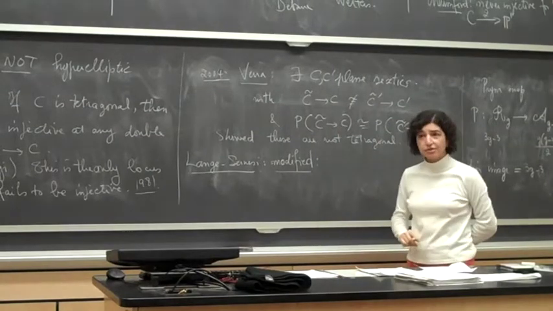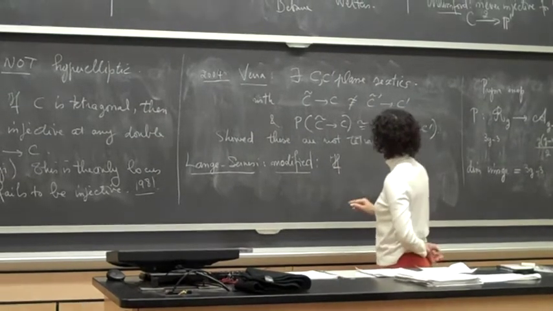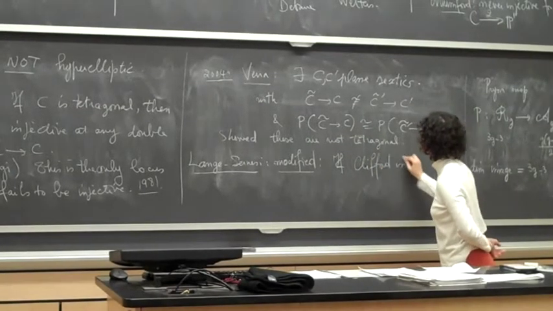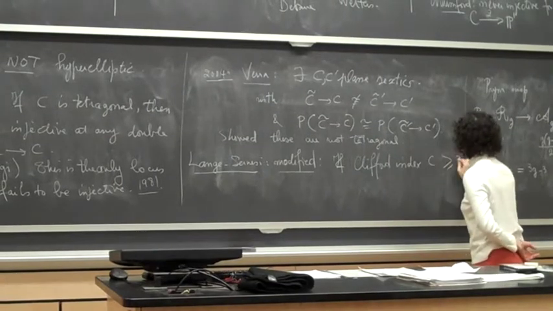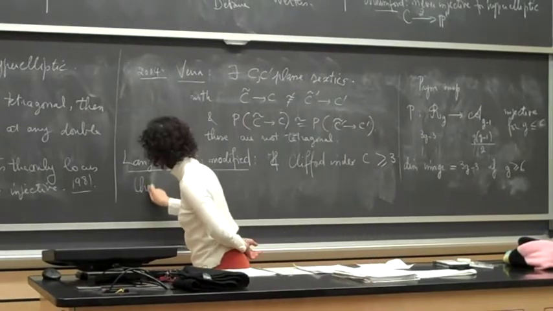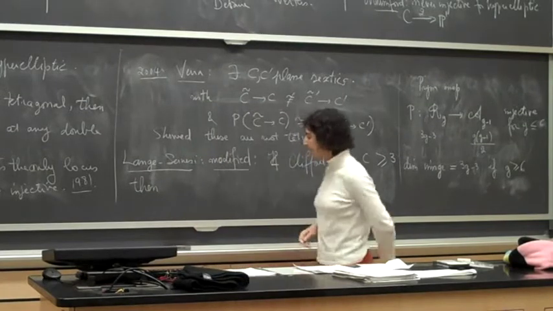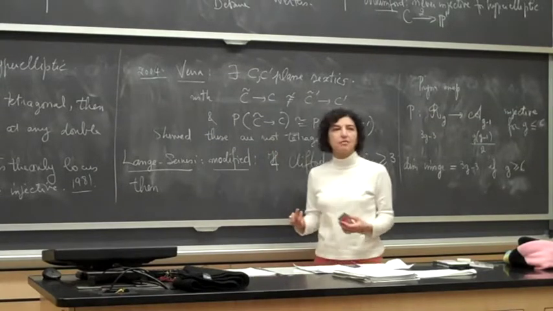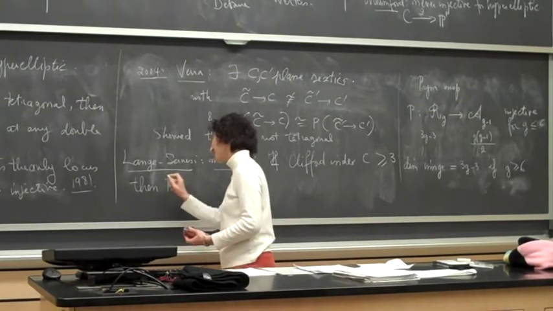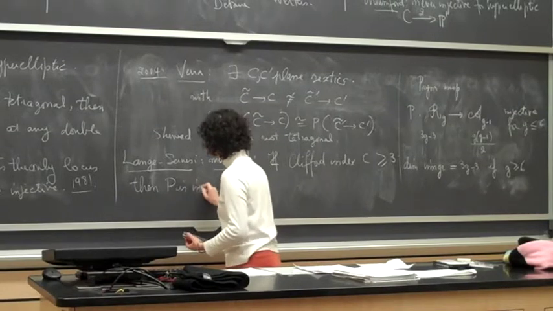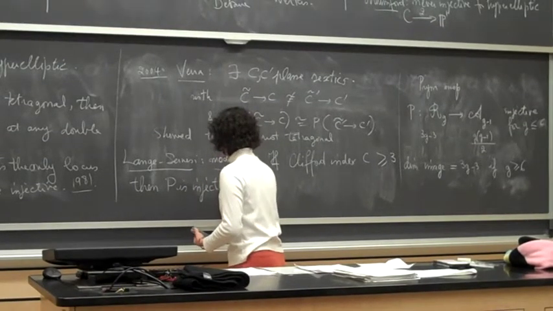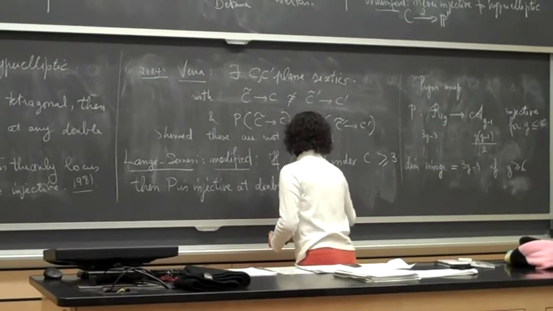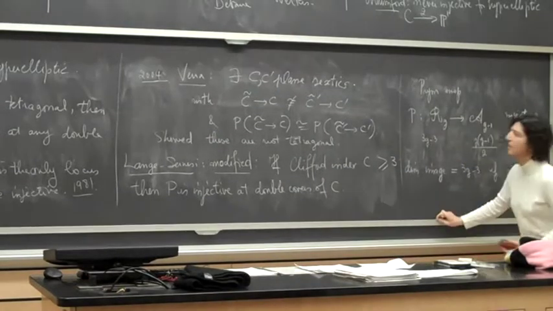And this modified conjecture was that if the Clifford index, I will explain in a minute what that is, of C is at least 3, then P is injective. So basically, P is injective at all the double covers of C. I can say it like that, it's not very nice, but I'll fix it a little bit.